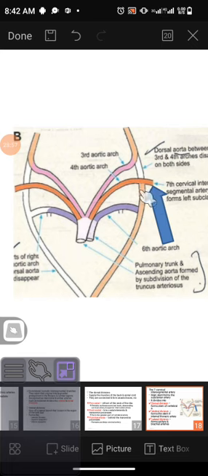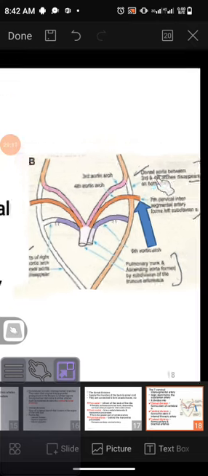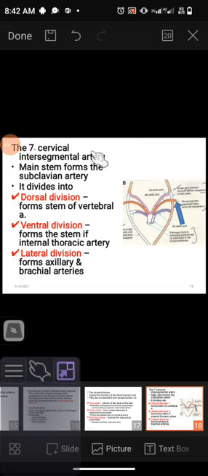See that it's coming off from the fourth aortic arch. It is the seventh cervical, and this is leaving the point of attachment and budding off. So this budding off now is the seventh cervical intersegmental artery. So the seventh cervical intersegmental artery is forming the main stem of the subclavian artery.